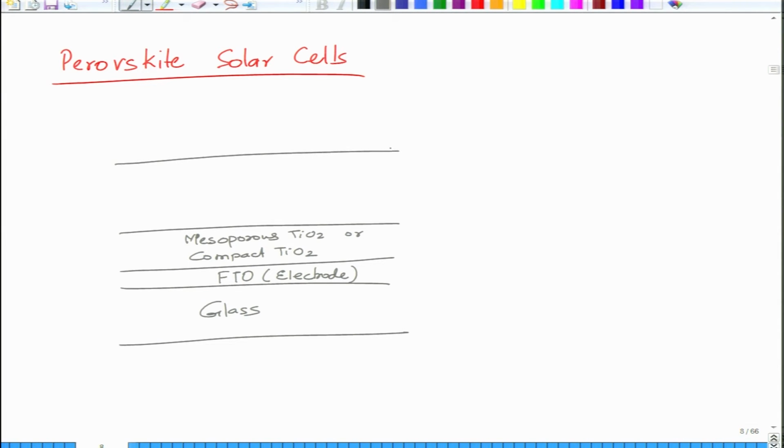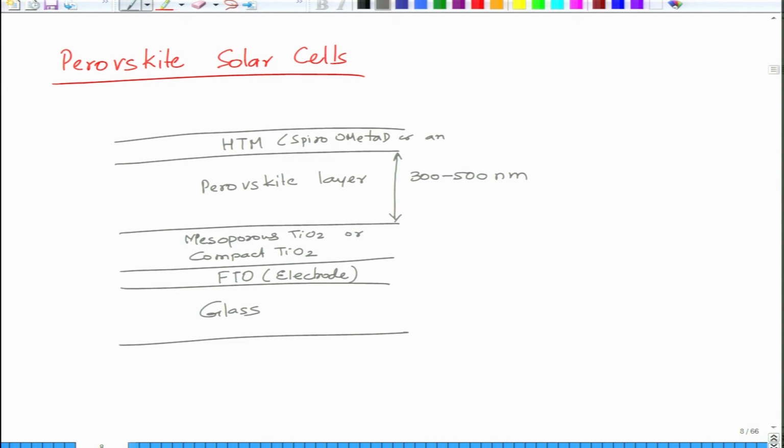The next layer is the perovskite layer, which is of the order of 300 to 500 nanometer, and then on top of this perovskite what we have is a HTM, which could be Spiro-OMeTAD or another material.